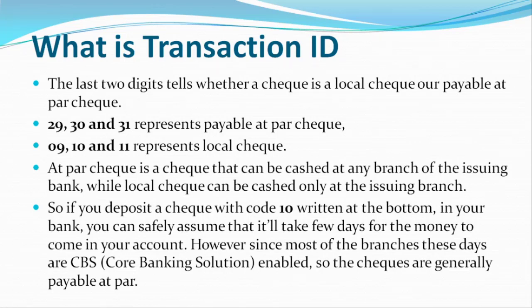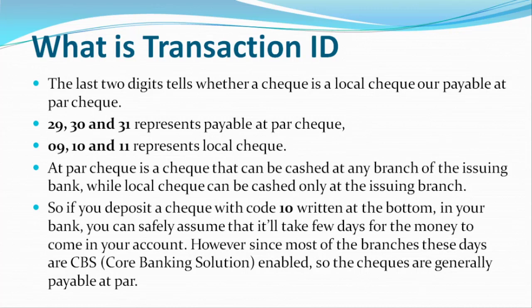So if you deposit a check with the code at the bottom right corner written as 10, you can safely assume it will take a few days for the money to come into your account.